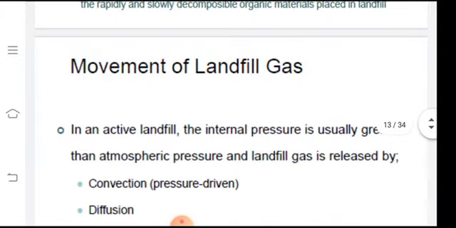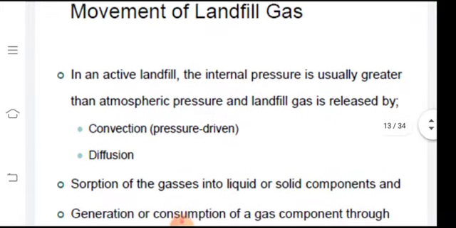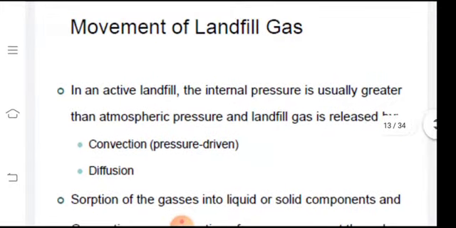closed. Now the movement of landfill gases is based mainly on two methods in an active landfill, which are convection and diffusion. Earlier we talked about the movement of contaminants, and then we studied the advection process. That advection process was driven by the groundwater flow. So now in this case it's convection, which is driven by pressure. So the gases will move under high pressure, in whichever direction the pressure is applied.